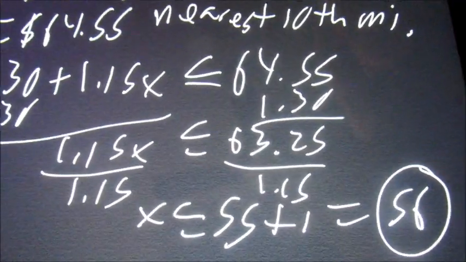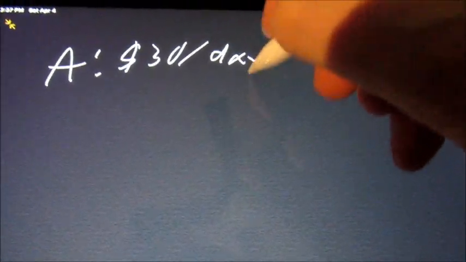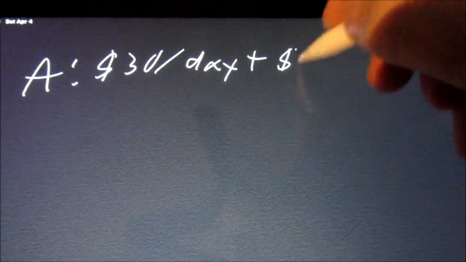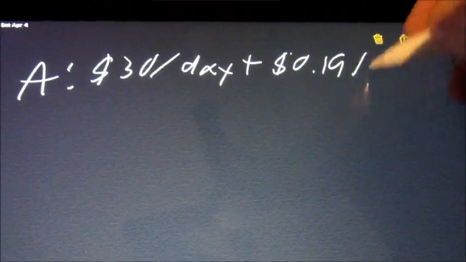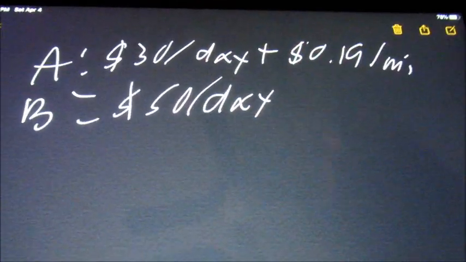Then the next question is that you're renting a car and you have a choice of place A, where it's $30 per day plus 19 cents per mile, or B is just a flat $50 per day.